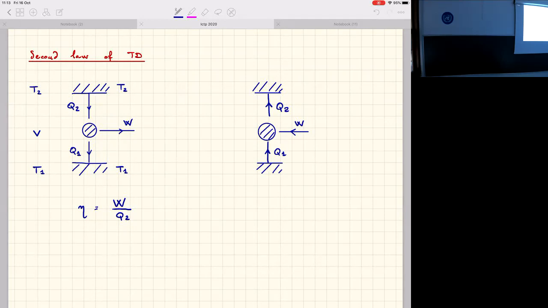Anyway, now that we understand what engines are, let me say again what the two statements of the second principle of thermodynamics are. This is the Kelvin statement.